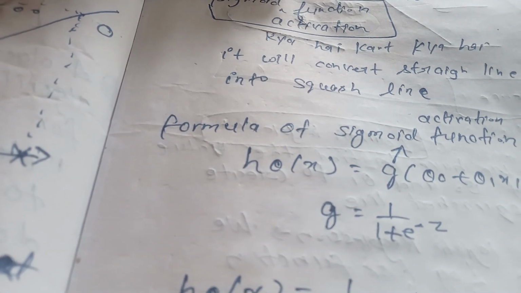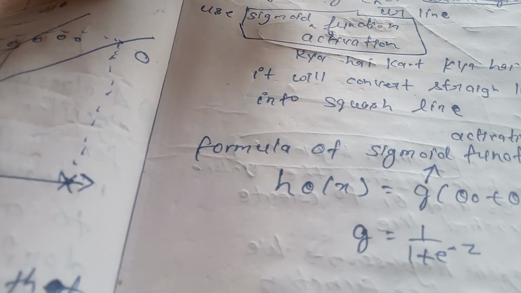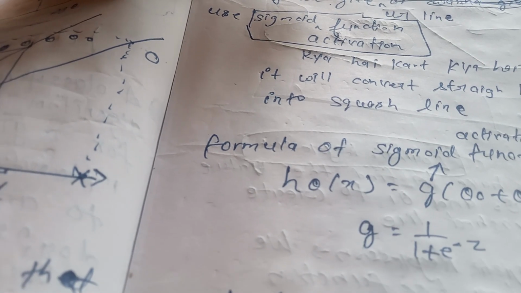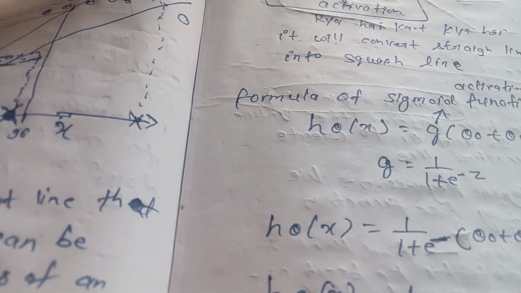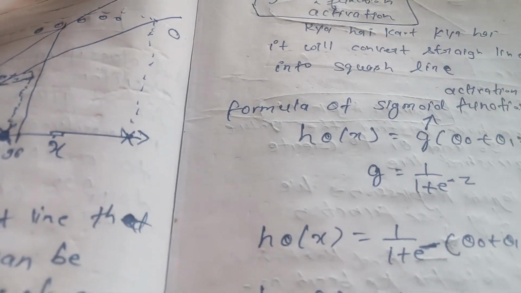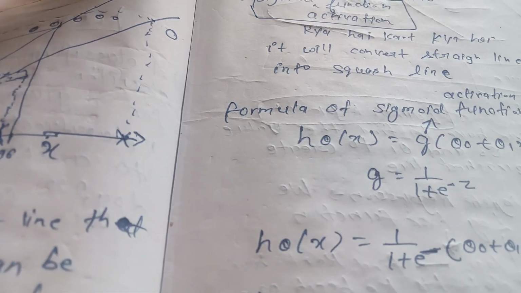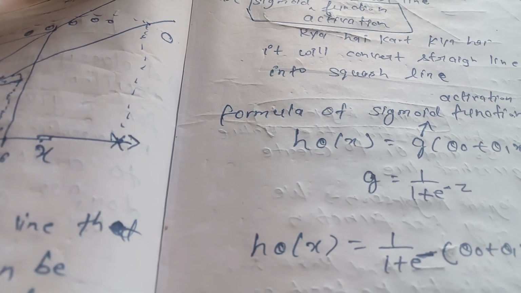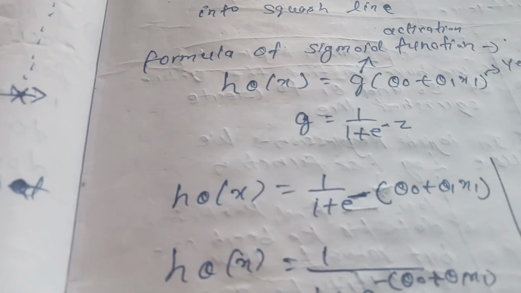So this is our formula of sigmoid function, and the value of g is 1 upon 1 plus e raised to power minus z, and you can see that S theta of x will become 1 upon 1 plus e raised to minus, if we put the value of z, then it will become theta 0 plus theta 1 x1.